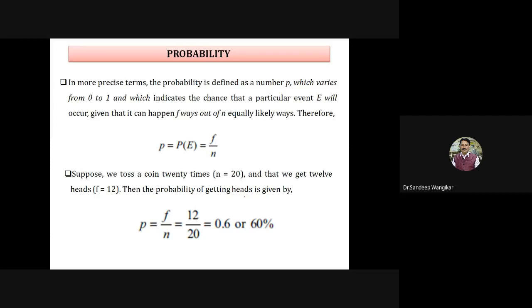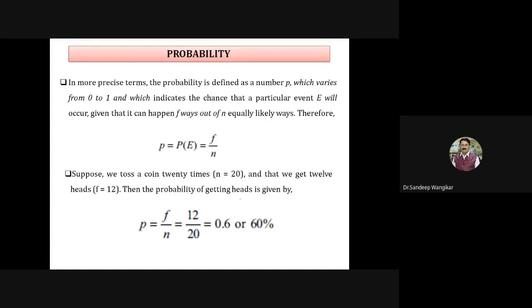In more precise terms, the probability is defined as a number p which varies from 0 to 1 and which indicates the chance that a particular event E will occur, given that it can happen F ways out of n equally likely ways.